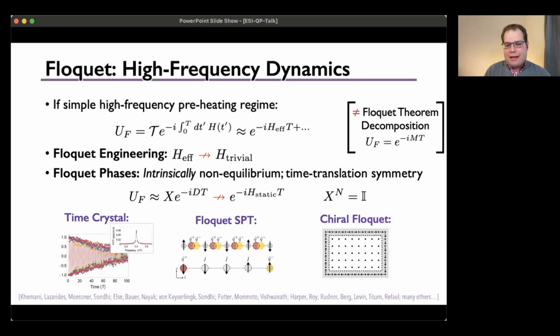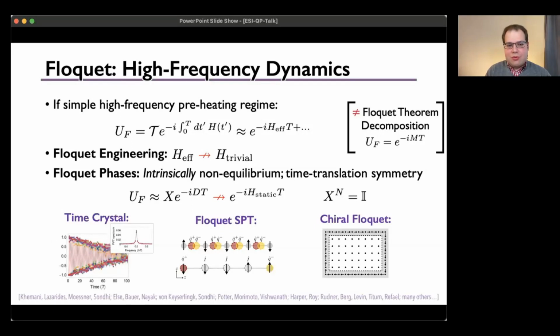And the existence of this X is not accidental. It really is a reflection of the time translational invariance of the Floquet system, in a way that I'll also make more precise in a couple of slides. But for now, we just have this decomposition. This operator X is big, and so we can get lots of interesting phases from this.